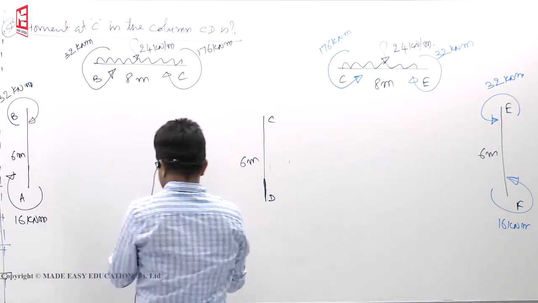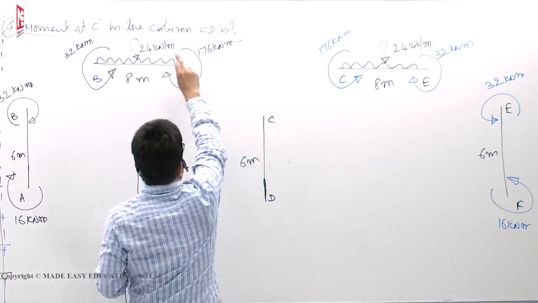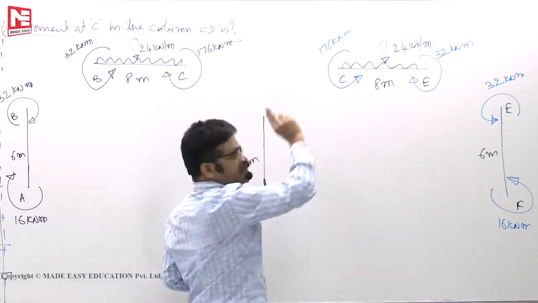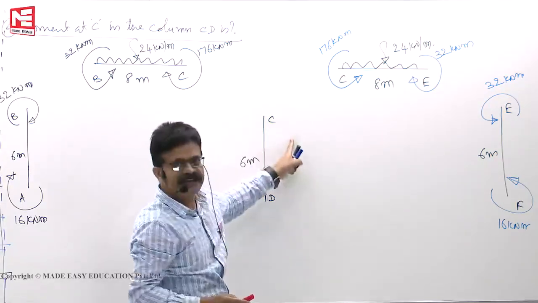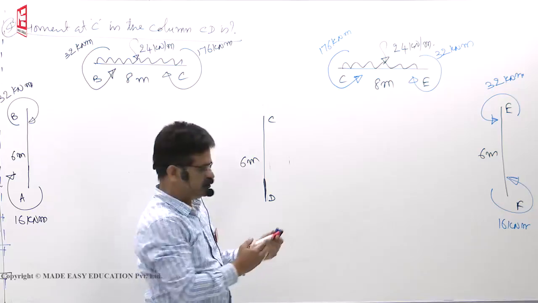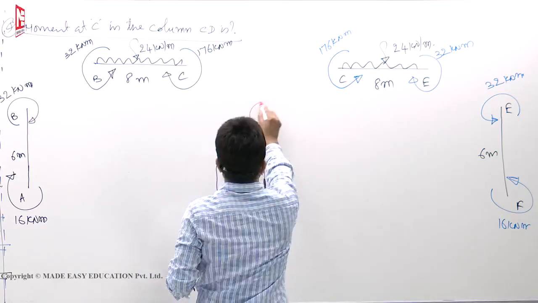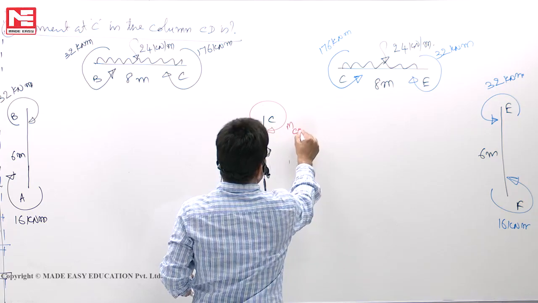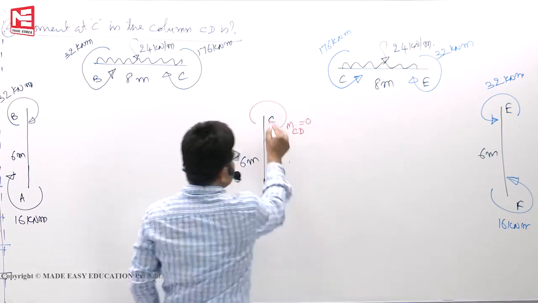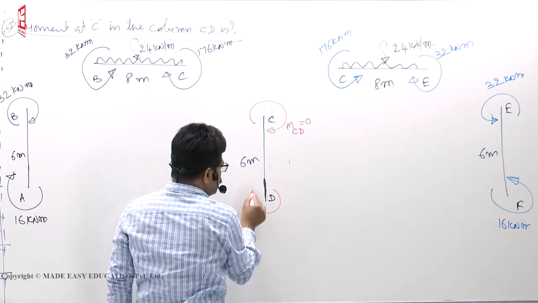At C, let us see now. Plus 176 minus 176, when you join them, it already became 0. If at all any moment exists here, who will balance that? So this value has to be 0. How to read it? Moment at C for the span CD must be 0. If this is 0, carry over moment also should be 0.